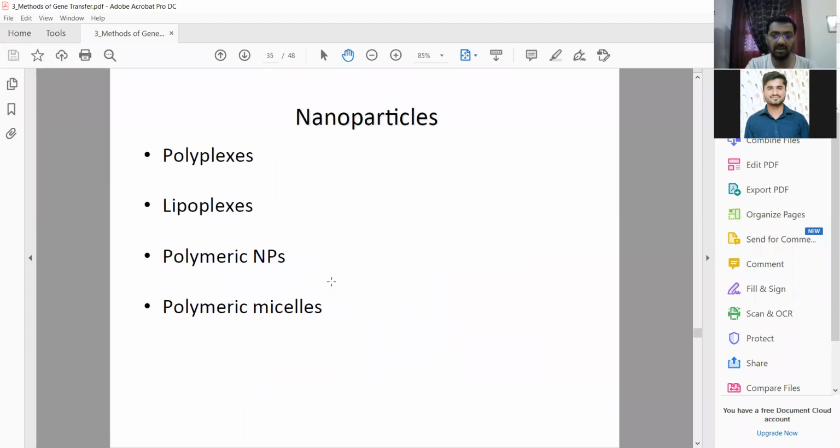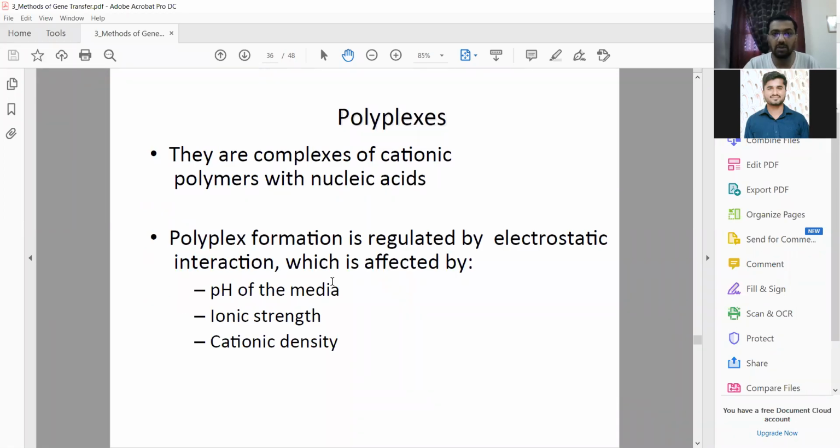Now coming to the nanoparticles, these 3-4 are used in transferring the genetic material to the cells. Number one is polyplexes, then lipoplexes, then polymeric nanoparticles, and polymeric micelles. We will go through all these one by one, and let's have an overview. What are polyplexes? Polyplexes are complexes of cationic polymers with nucleic acid. Cationic polymers are positively charged, and nucleic acid, we all know, is negatively charged.